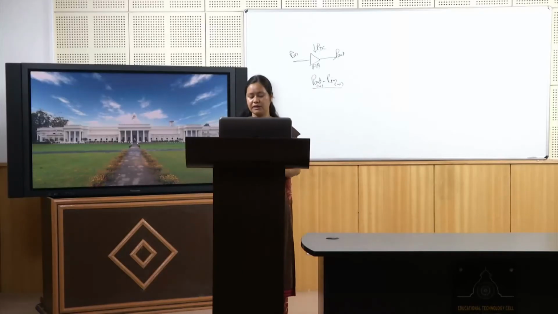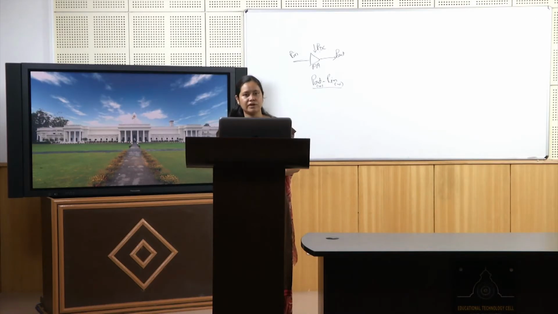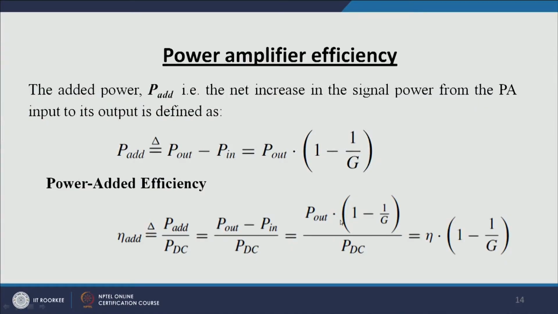Now, we can rearrange the terms of power added efficiency to give new definitions, in terms of input power, output power, or if the gain is known, in terms of gain. The second expression simply substitutes the definition of added power, P out minus P in, upon PDC, and if we eliminate P in using the formula P in equals P out divided by G, we get P out times (1 minus 1 upon G) over PDC.